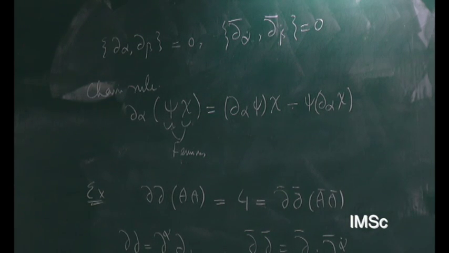So now we have given some properties of these Grassmann coordinates that we have introduced, and we have written a superfield in terms of Grassmann coordinates, and that superfield is nothing but a collective name for a set of ordinary fields.